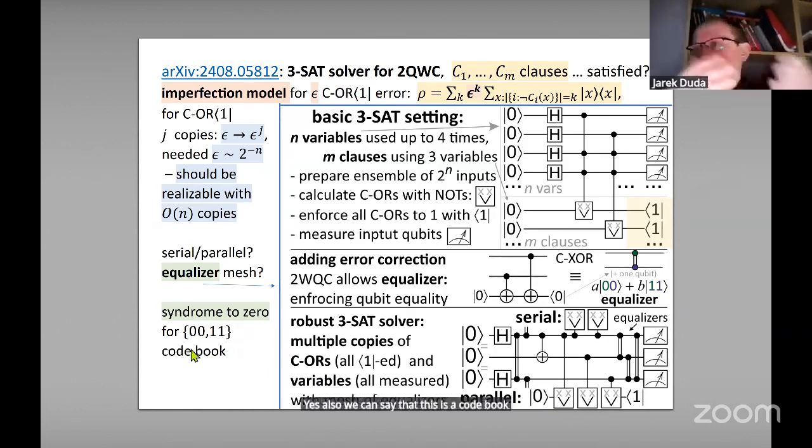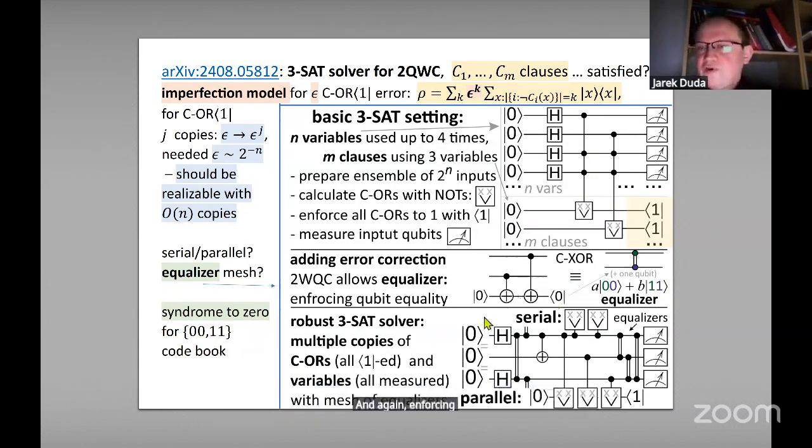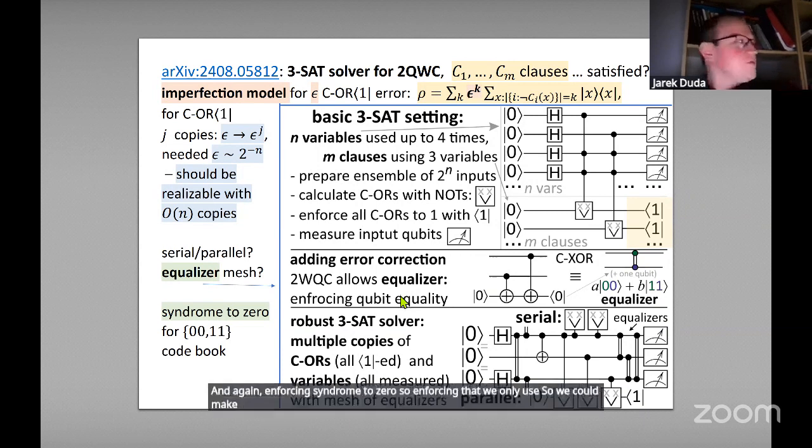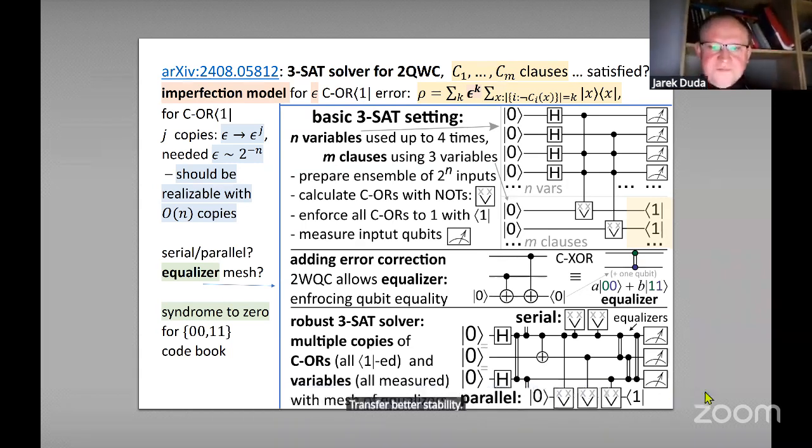In classical error correction, a code book is a set of bit sequences which are far from each other in Hamming distance. So we could use a larger code book, some better error correction, again enforcing the syndrome to 0, so that we only use these code words. So we could make a quantum computer which works on ensembles only of code words of some code book. They are very far away, so there is a chance for better stability and error correction.